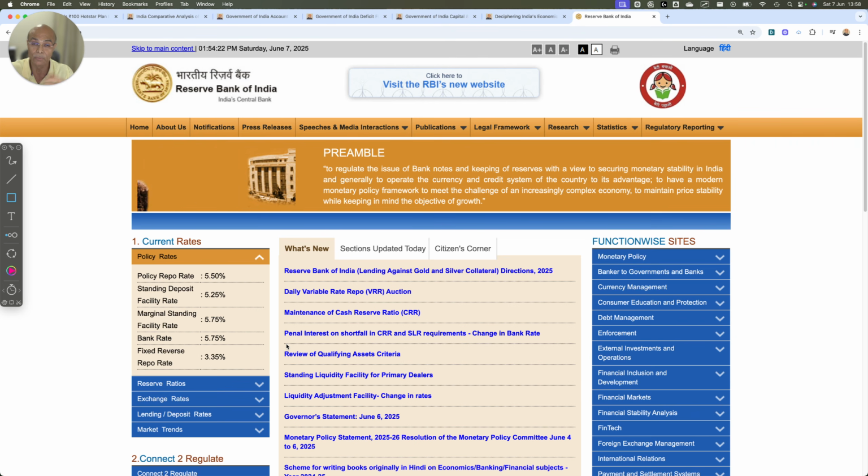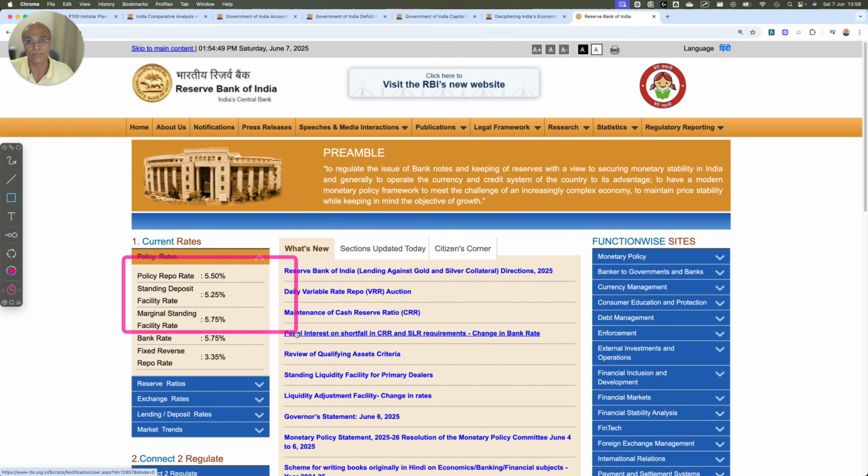They do so because every day there will be some excess of funds or some shortage of funds, depending upon how the day of a particular bank looks. So banks will lend to each other. Now, if any bank demands more money than what is available in the market, then the bank that wants money can go to RBI to get money at a fixed rate which RBI has set as a policy, right?